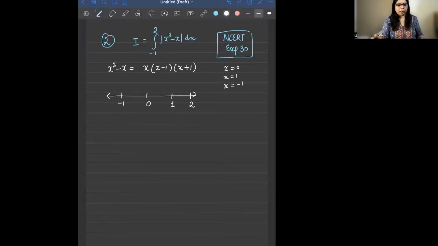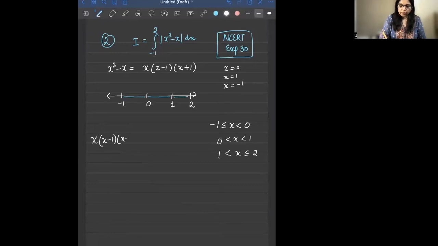Now let us check the signs in these 3 intervals: minus 1 to 0, 0 to 1 and 1 to 2. So minus 1 less than or equal to x less than 0, 0 less than x less than 1 and 1 less than x less than or equal to 2. Let us check the sign of this term.